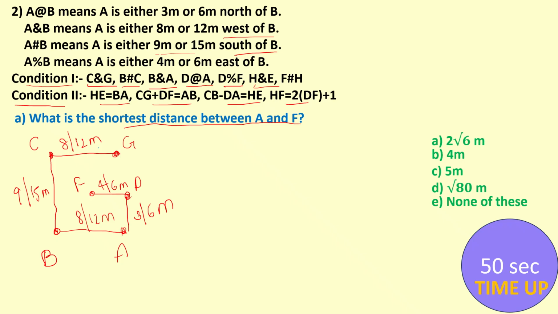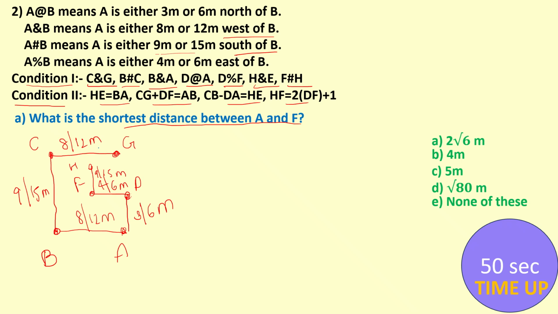But we have F. So first we will draw this F hash H. F hash H means F is to the south of H. So here somewhere H will come, and it is 9 or 15 meter, correct?